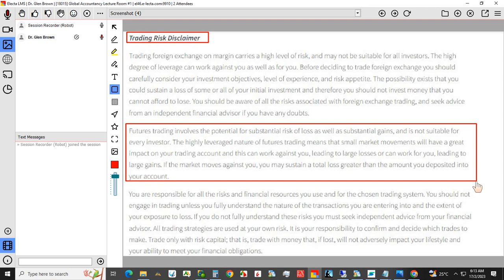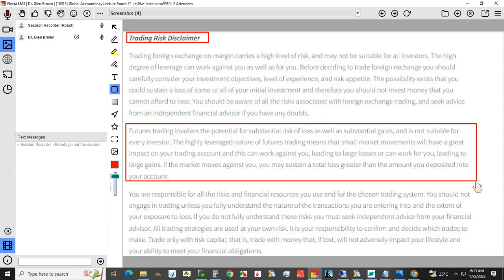You are responsible for the end result. You should not engage in trading unless you fully understand the nature of the transactions that you are entering into and the extent of your exposure to loss. If you do not fully understand these risks, you must seek independent advice from your financial advisor.